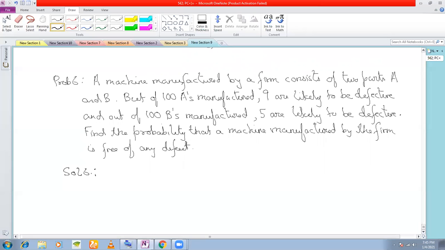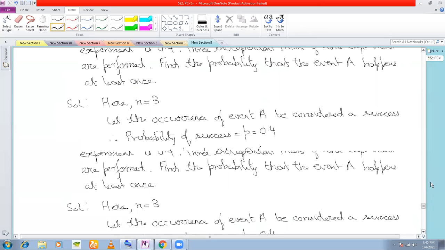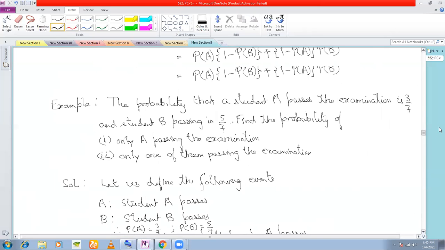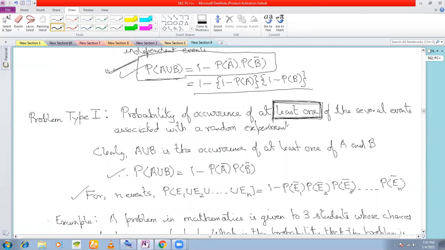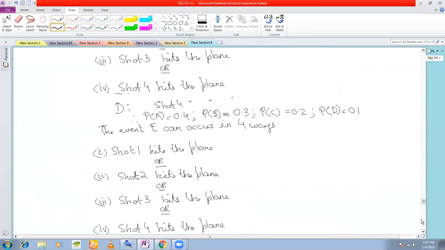And when the word at least is there, which problem type are we talking about? First type, sir. So this is the first type of problem.